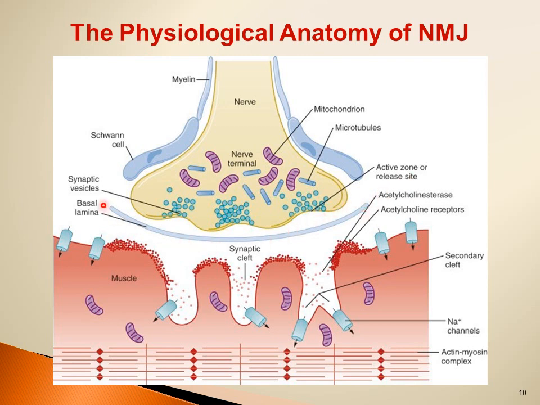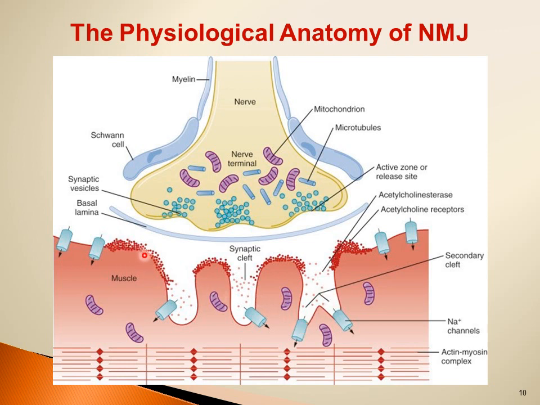Again, we see the basal lamina that is rich in acetylcholinesterase and the motor end plate that is thrown into folds called the subneural folds. The folds will create primary and secondary postsynaptic clefts, and this will further increase the surface area.